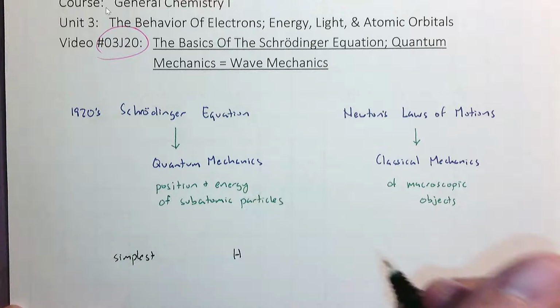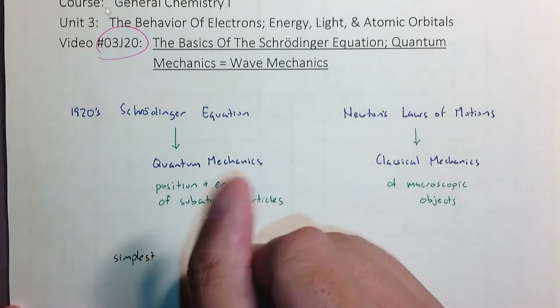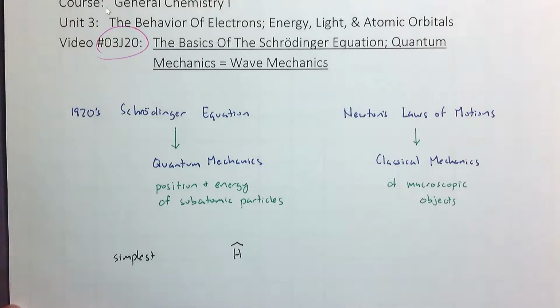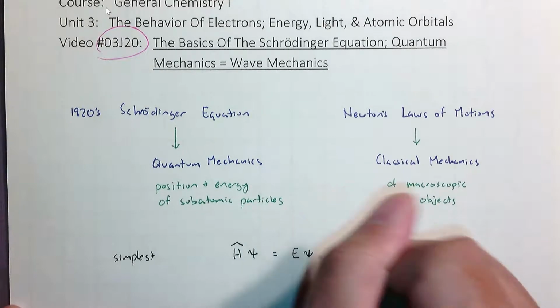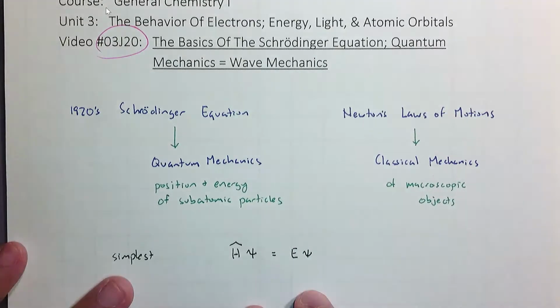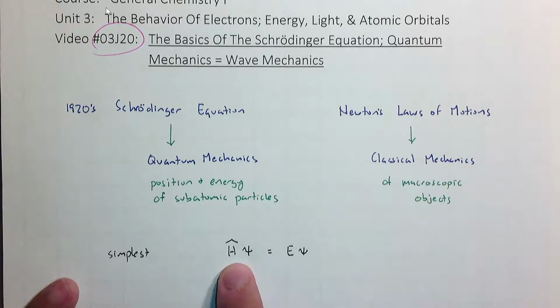You have H, and sometimes it's a fancy H with serifs, and sometimes it has a little hat. H psi equals E psi. Now you're not multiplying; these are not multiplication operations.